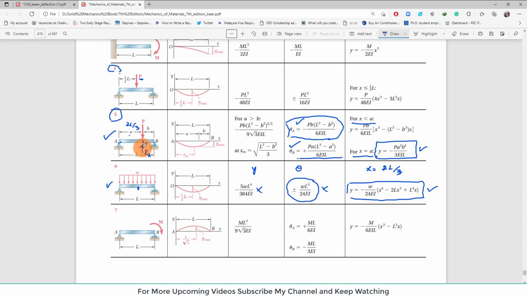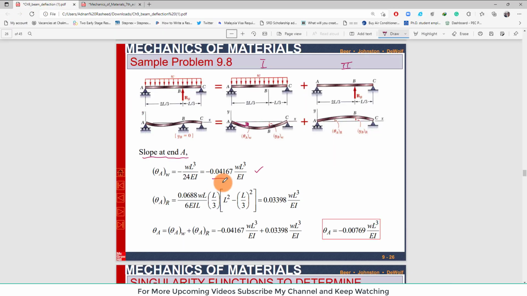In our case the load is upward, so this theta will be positive. So we will use this equation, and also we will use the value of B over here, clear. When you use this equation and put the value of B, that is L by 3, and you solve it, the slope at point A due to loading R will be this one.